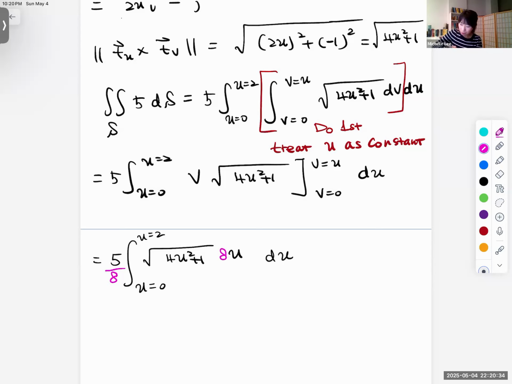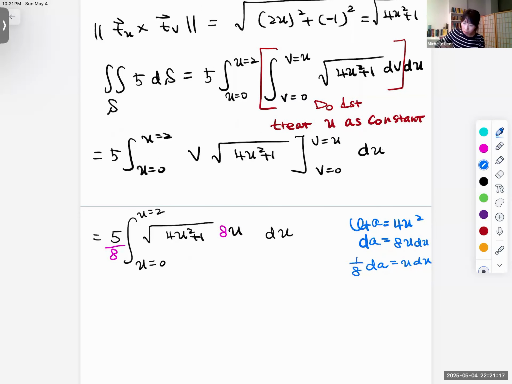Or you can use substitution: let a equal 4u squared plus 1. The derivative is 8u du, so one eighth da equals u du. Please do that.